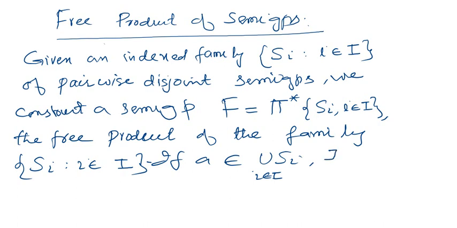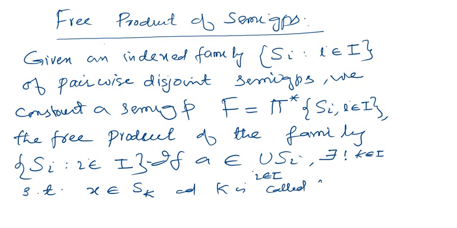Then there exists a unique k in I such that a belongs to Sk, there is a unique k because the Si's are disjoint, and this k is called the index of a. इसको हम कहेंगे a का इंडेक्स है, ये किस सेमी ग्रुप में है, उसका सबस्क्रिप्ट क्या है, that's called the index.